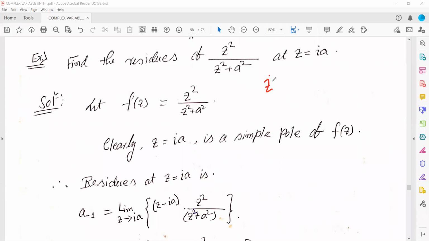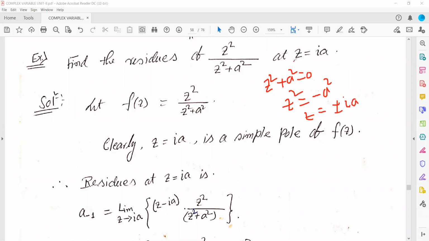So z square plus a square equal to 0. That means z square is equal to minus a square, and taking the square root on both sides you get plus minus ia. Okay, so there are two poles. One is z equal to ia and z equal to minus ia is another pole.